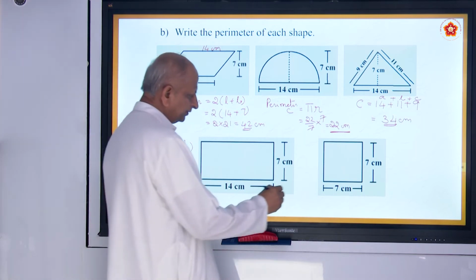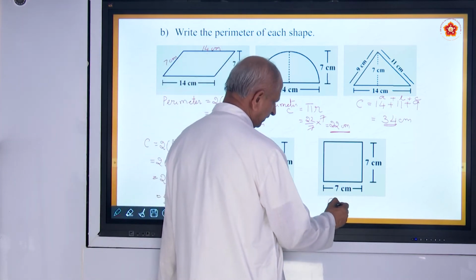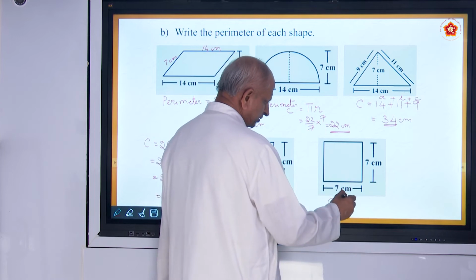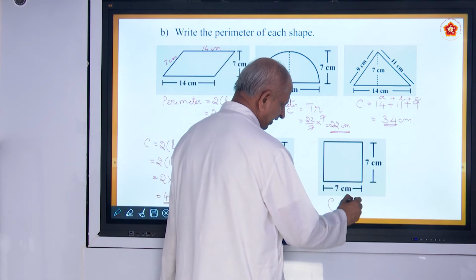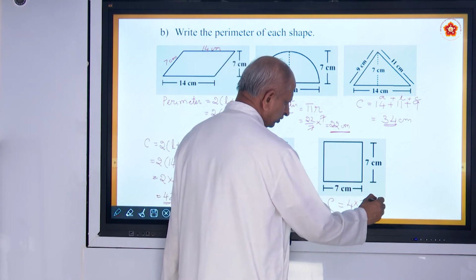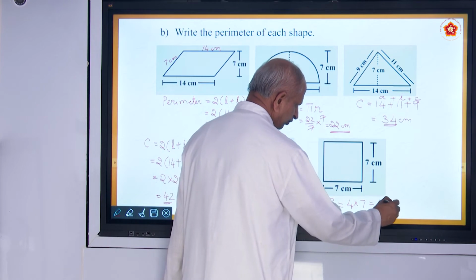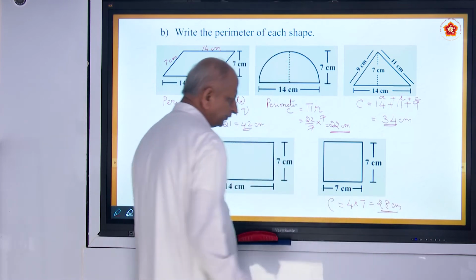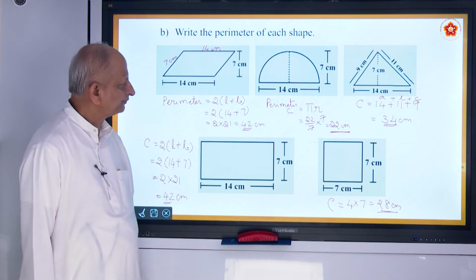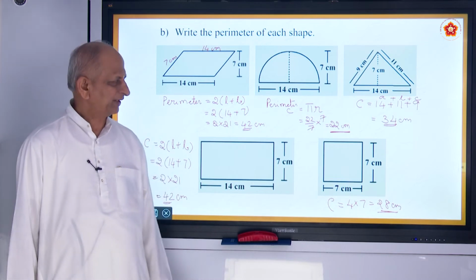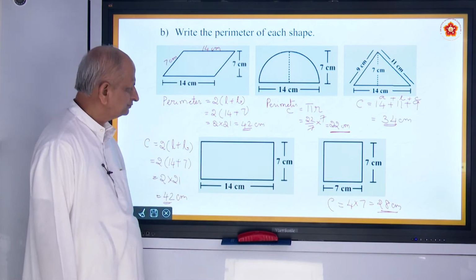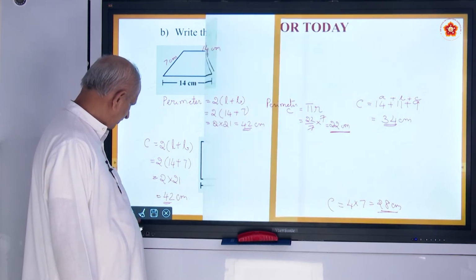And lastly, circumference or perimeter of a square, how many sides does it have? 4. So one side is 7, so 4 into 7, 28 centimeters. Is it okay? Very interesting question. Now we will pass on to the next question.